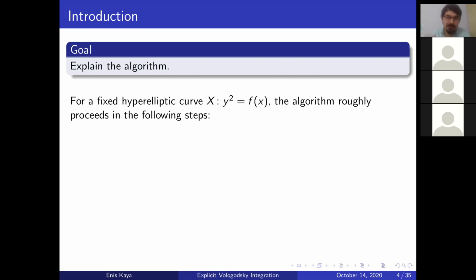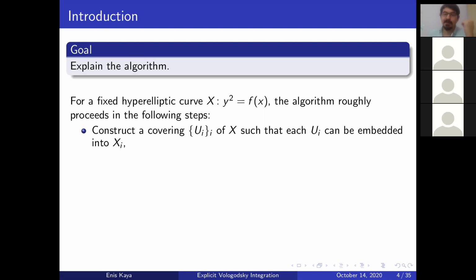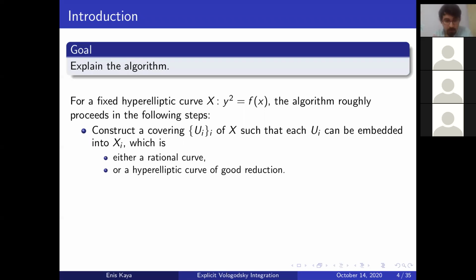So let me summarize the algorithm. We have a hyperelliptic curve X given as the projectivization of y squared equals f of x, where f is a separable polynomial in x. In the first step, we construct a covering of our curve, which originally has bad reduction, in such a way that every element in the covering can be embedded into another curve, which is either a rational curve isomorphic to P1 or a hyperelliptic curve of good reduction.